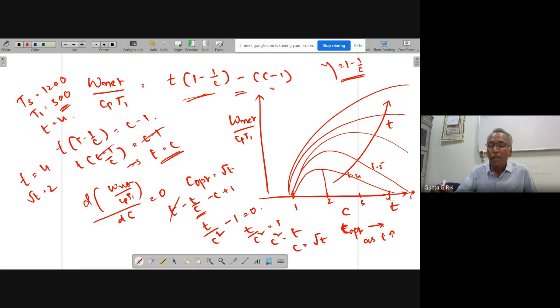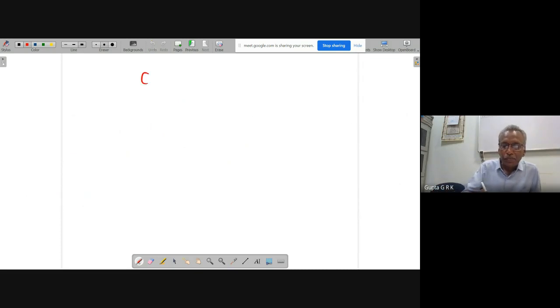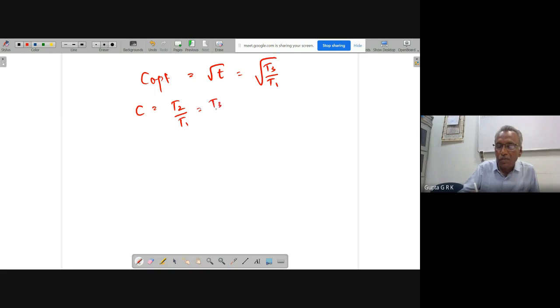Am I clear? Okay. At optimum, C is equal to root T, that is root of T3 by T1. Right? And actually C is equal to T2 by T1, which is equal to T3 by T4.